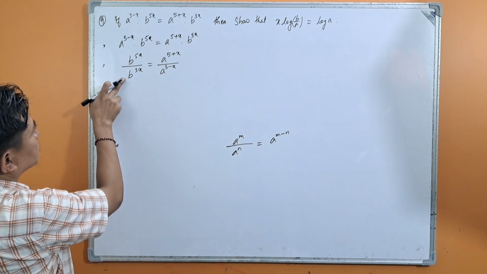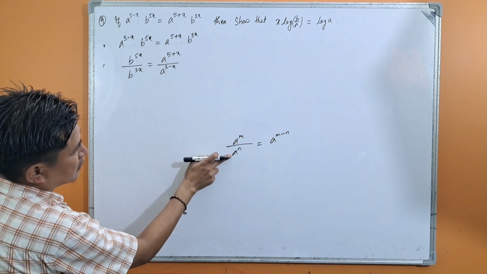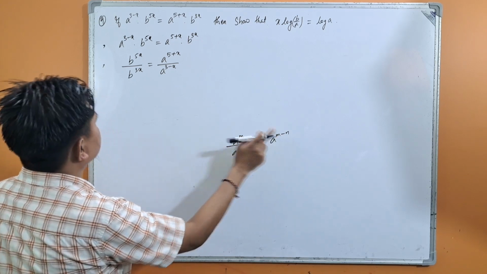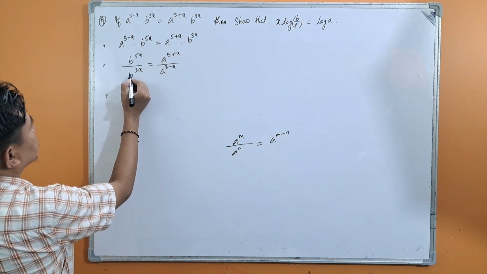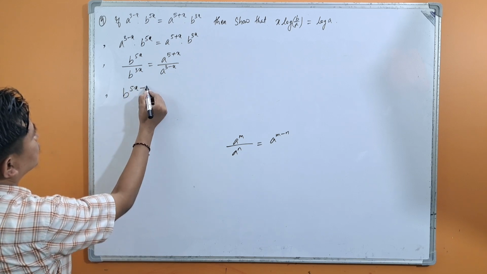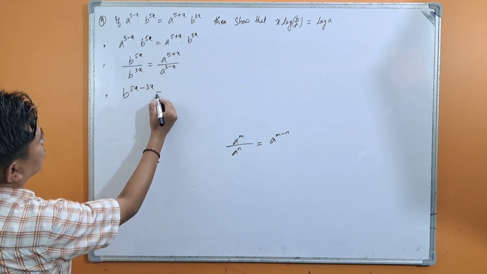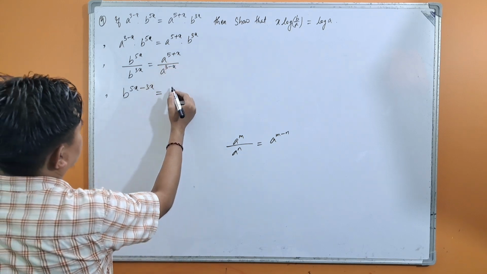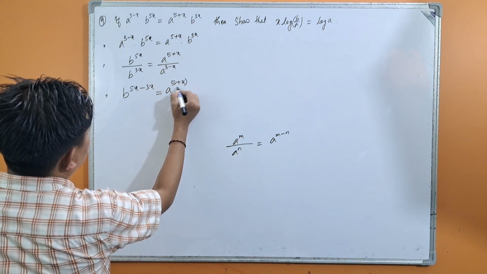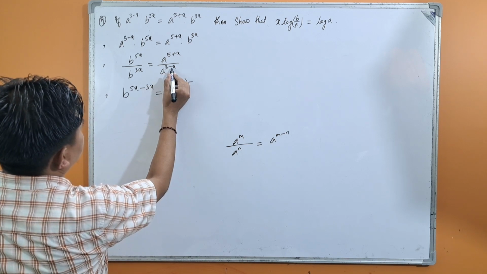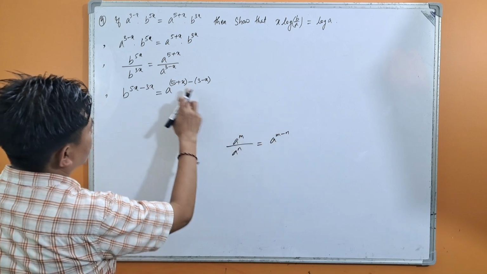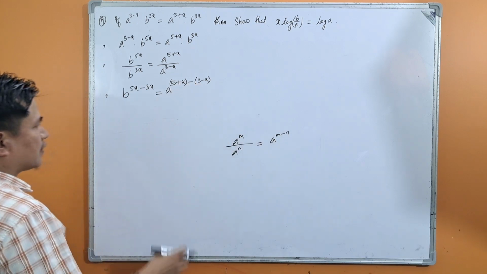Bases are same and there is division sign, then we can write this plus n as minus n, okay. b same base means b to the power 5x minus this 3x equal to, the same thing we can apply here, a to the power 5 plus x minus 3 minus x, m minus n, okay.